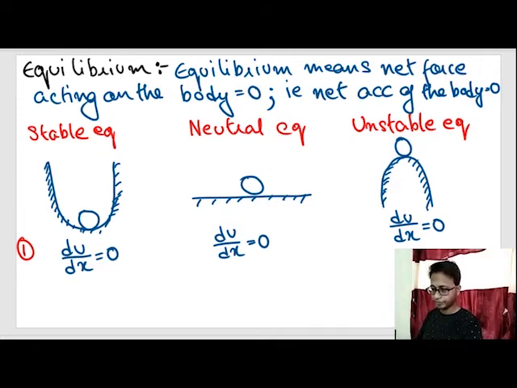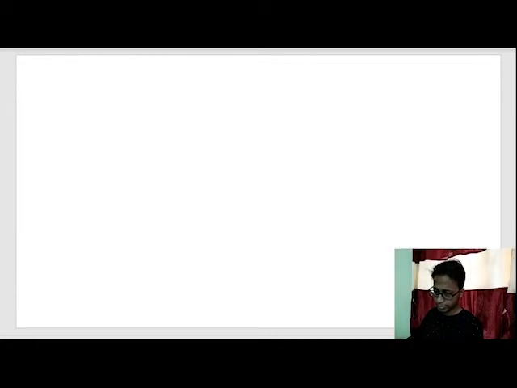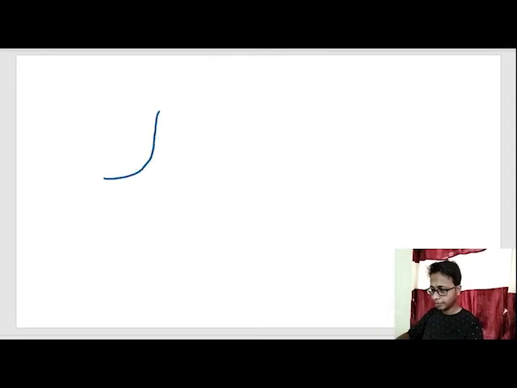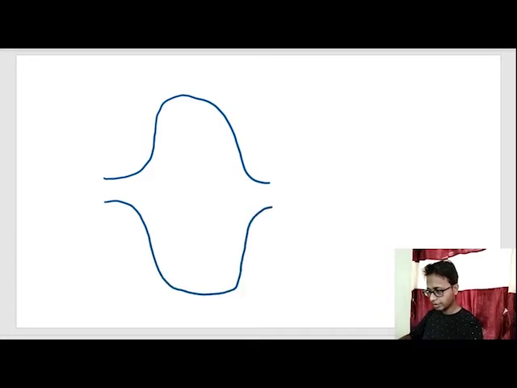Now we'll learn it from a different perspective. What was happening out here? Imagine this inverted cup kept out here. Below the inverted cup, a cup was kept.